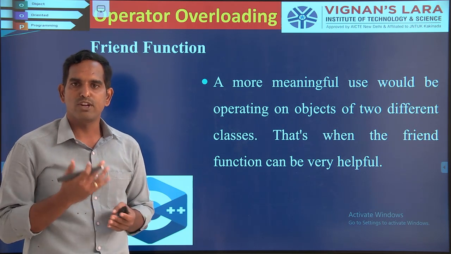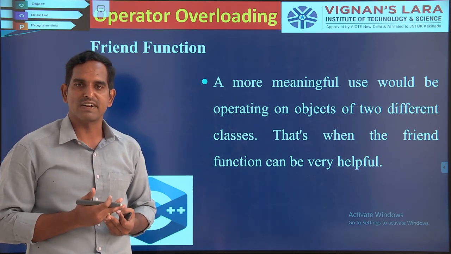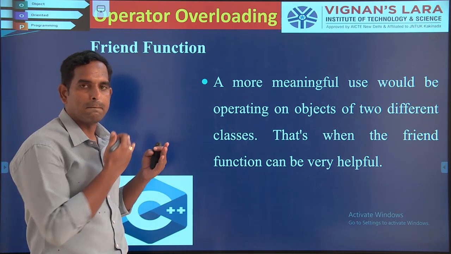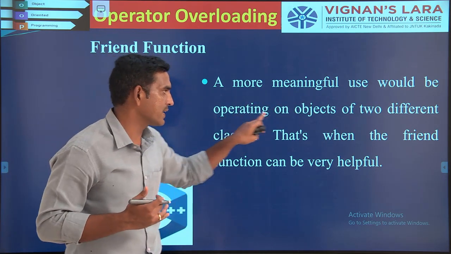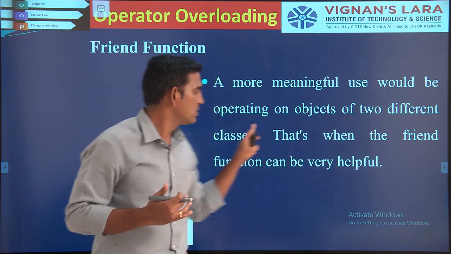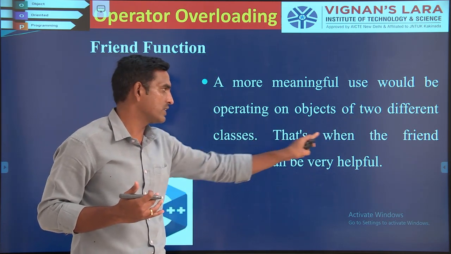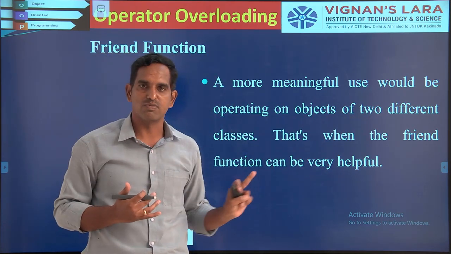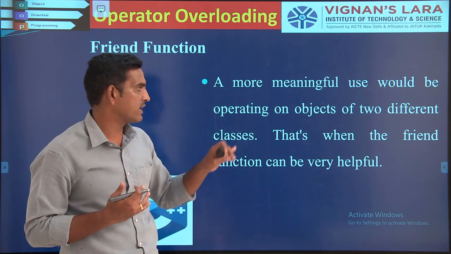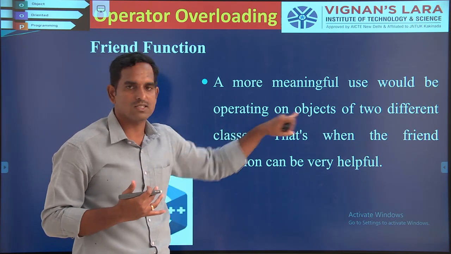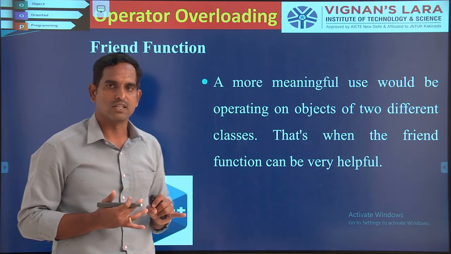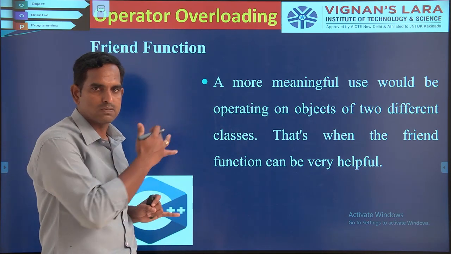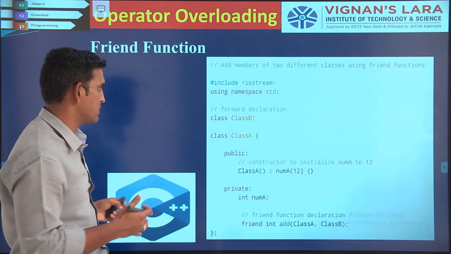Where you will specifically use friend functions is when you want to combine 2 different objects. Whenever you want to use 2 different class objects, at that time you can use friend functions. To better understand what this means, you can look at an example.